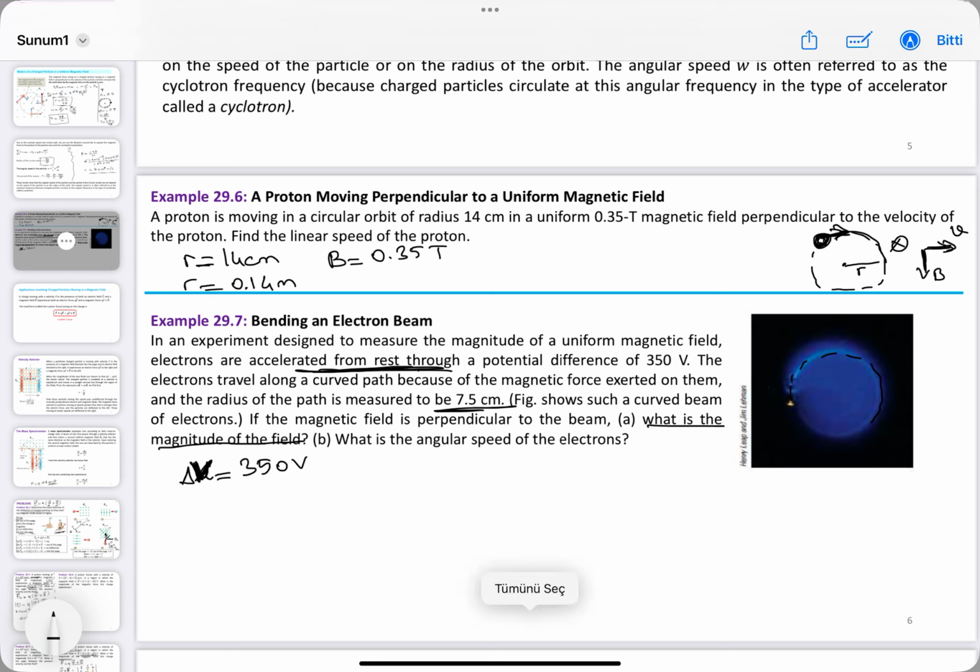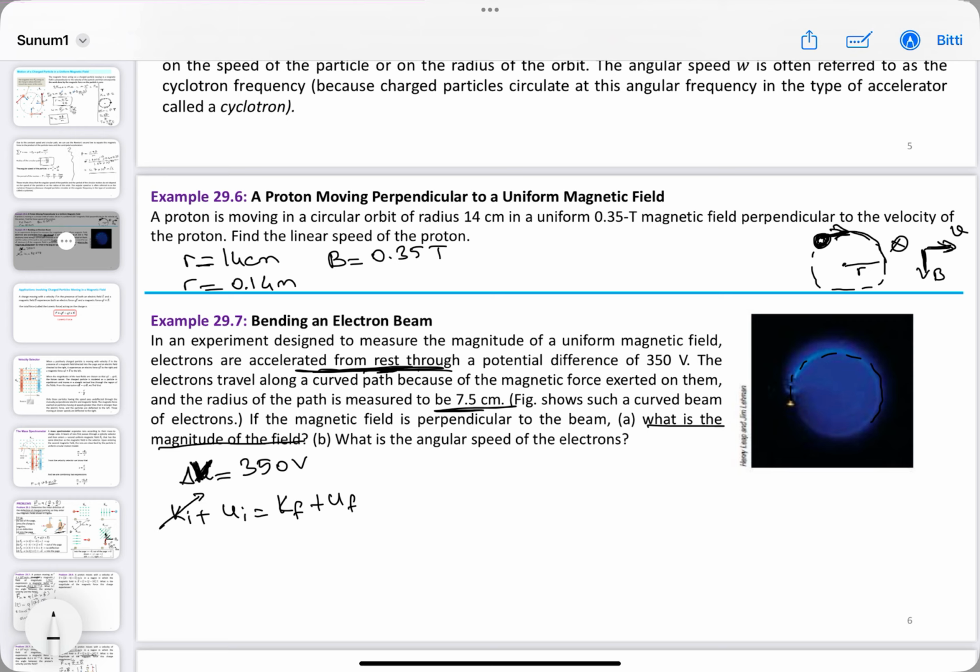They say the electrons are accelerated from rest. When you see electrons start from rest, please try to remember energy conservation. We generally use that one. If I say total energy is conserved, I have to write this one. At first, it starts from rest, meaning the velocity is 0.